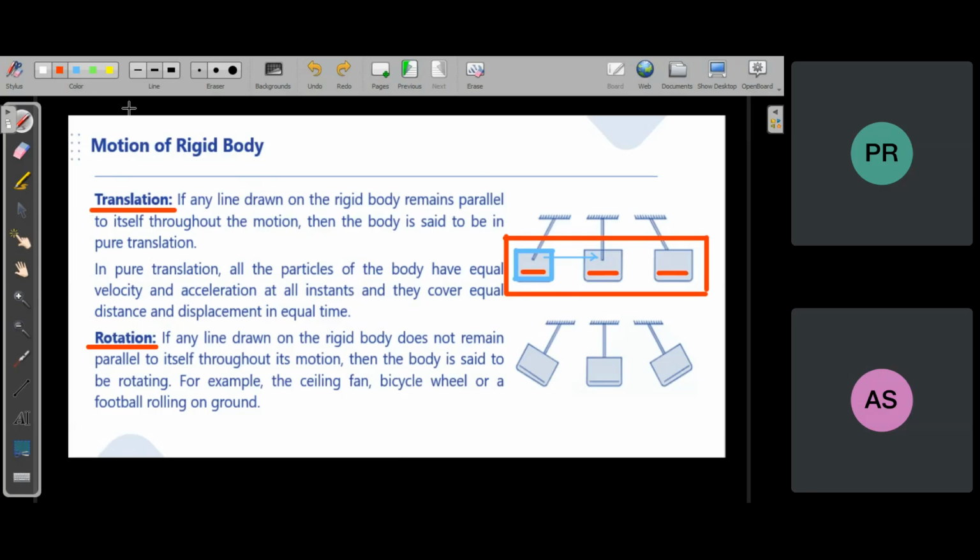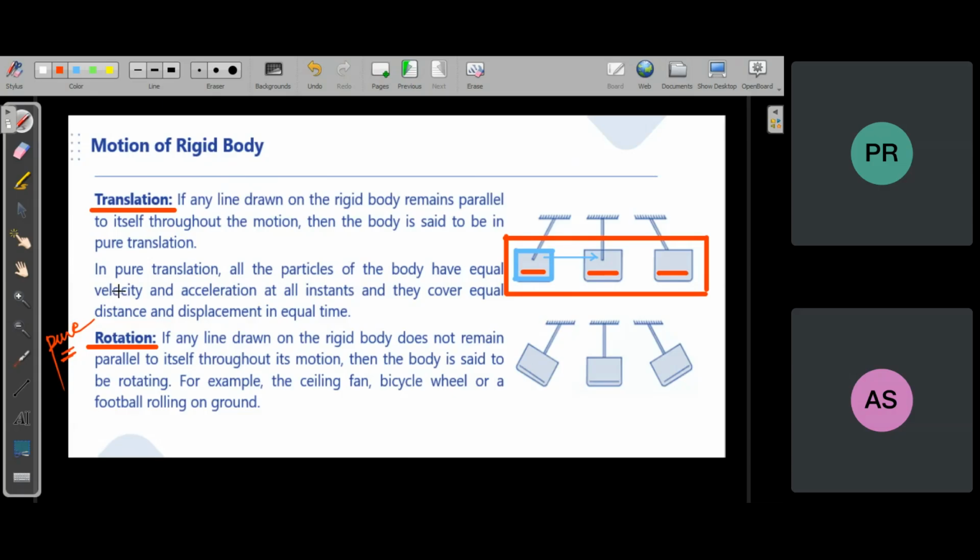But here you have to understand that we are talking about pure rotation. Only rotation means pure rotation. For example, the earth's motion is not pure rotation, because the earth is rotating as well as revolving around the sun in a circle.